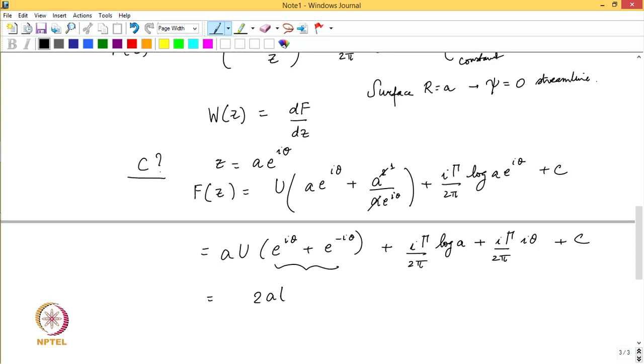So, I can write this as 2 a u cosine of θ plus iΓ by 2π log of a. This will become minus Γθ by 2π, because i squared is minus 1, plus c.